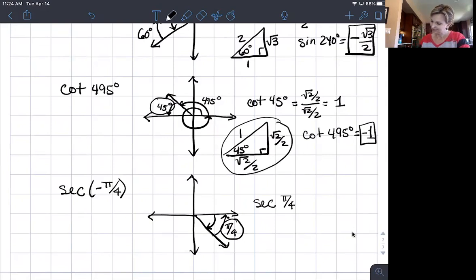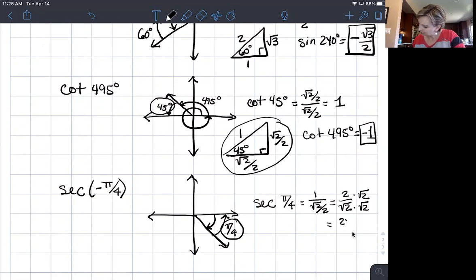Okay, all right, so secant is r over square root of 2 over 2. So that's going to be 2 over the square root of 2. But you can't have a square root in the bottom, so we have to take care of that by multiplying top and bottom by the square root of 2.